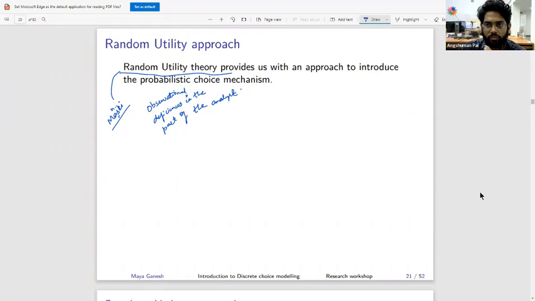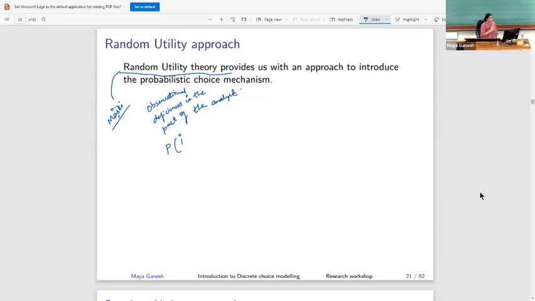Okay. Right. So what are we trying to say? We are trying to say that the probability that a consumer chooses this alternative i, where this is the choice set for consumer n, Cn, and this is the choice i, or alternative i, if you might, is nothing but the probability that the utility that this consumer gets, Uin, is greater than Ujn for all j belonging to Cn, except i, all the other values that it takes.